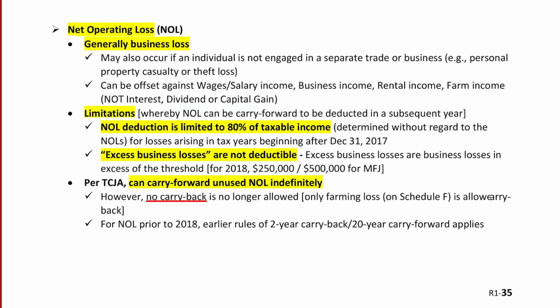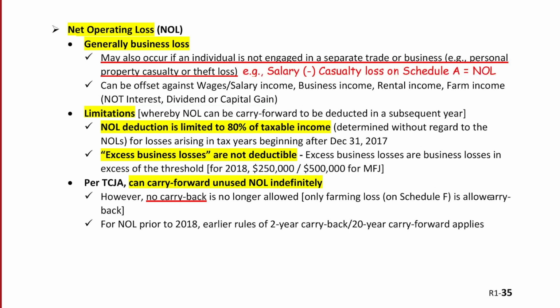Do we say that NOL is business loss? NOL for an individual may also occur if an individual is not engaged in a separate trade or business. For example, a personal casualty or theft loss. For example, salary minus casualty loss on Schedule A equals NOL.